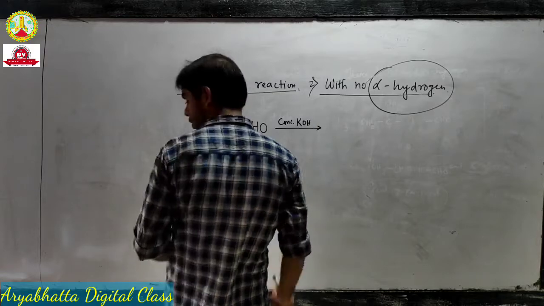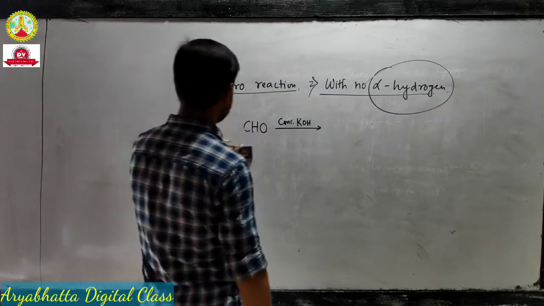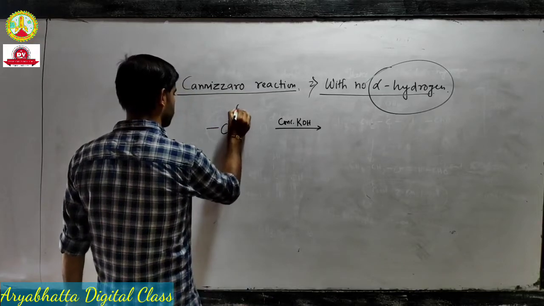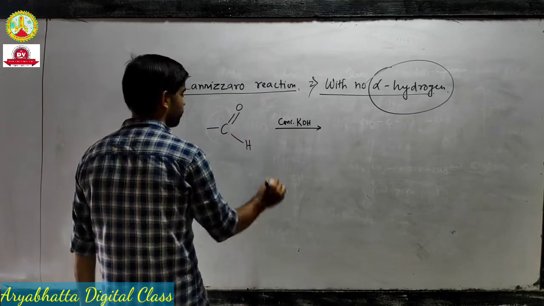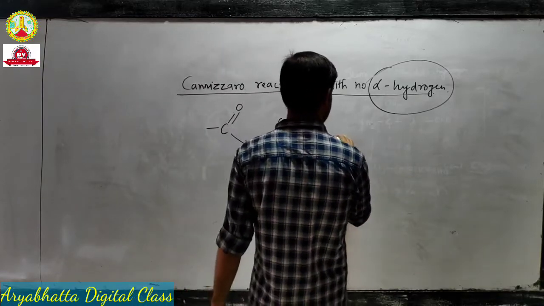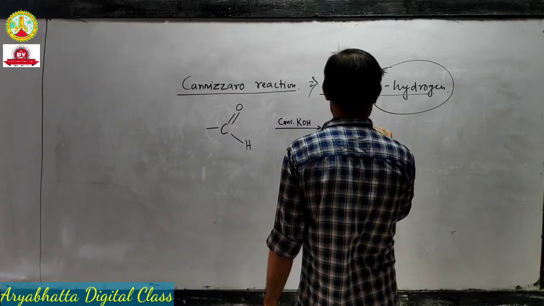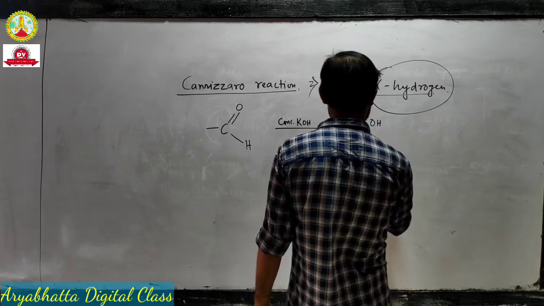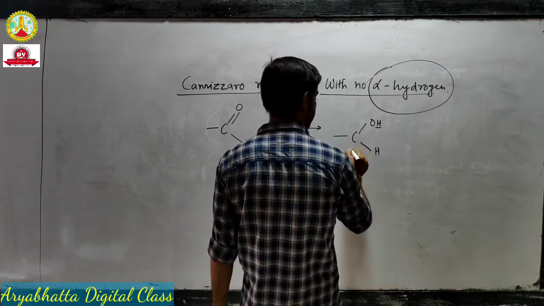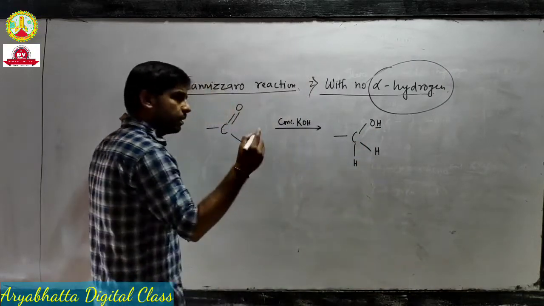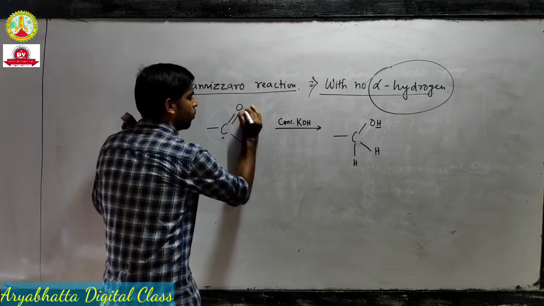This is CHO actually. So basically what you need to do is, you will get 2 products. Just make an alcohol out of it: add 2H, one on carbon, one on oxygen.